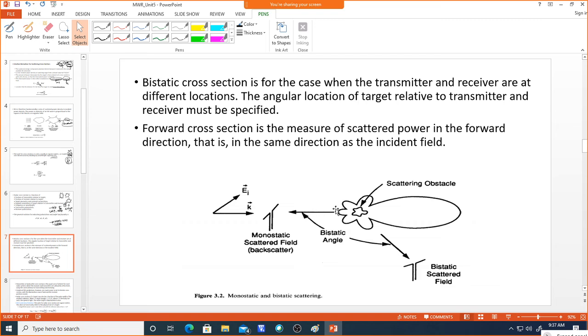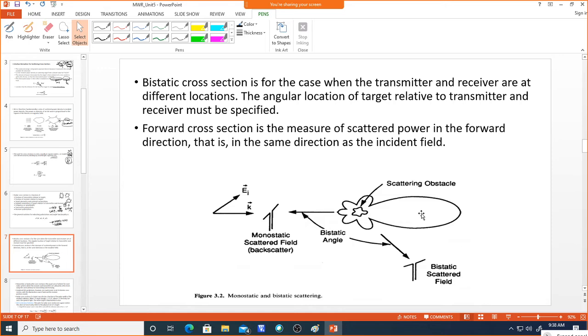If the transmitting antenna and receiving antenna are separated, then we call it bistatic. A sufficient distance is maintained between transmitter and receiver so that the transmitted energy does not interfere with the received energy. This is the angle where the transmitting antenna and receiving antenna are separated. Here is a scattering obstacle, and you can see the reflection happening in different directions.